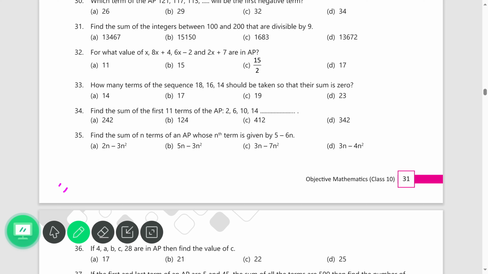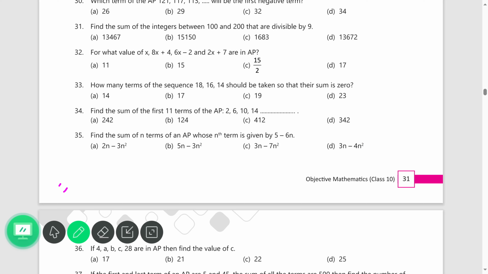Between means the first number and last number we have to leave. But when we count, we should not take them; when we find the first term, we should take what is given. 100 is given, which is divisible by 9? 1 nine is 9, remainder 1, bring down 0, again 1 nine is 9, remainder 1.